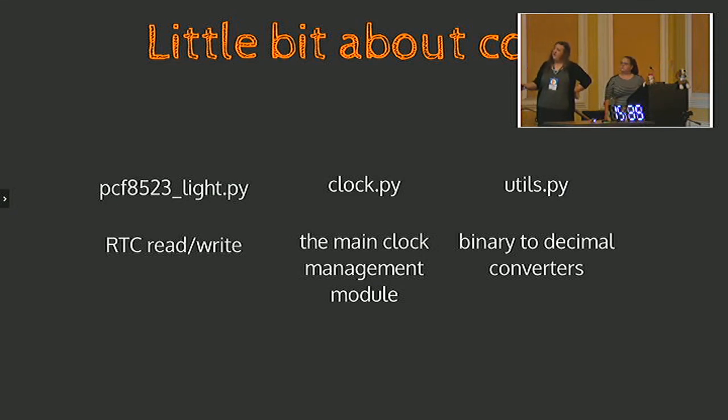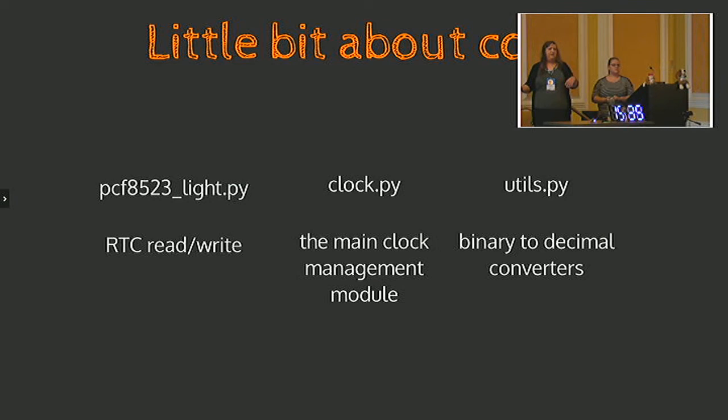The second file here is clock.py. This is the main file which handles showing the time, and what happens if you click a button. Does it add a minute? Does it add an hour? All that is in clock.py. And finally, utils.py is a set of small utilities to convert things like BCD to decimal. BCD is a way to represent numbers that's used in electronics.